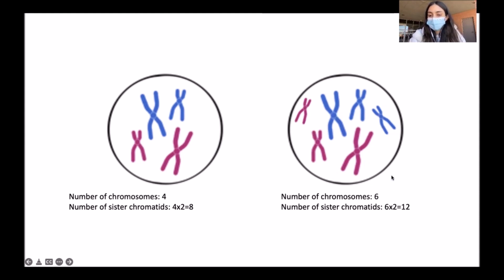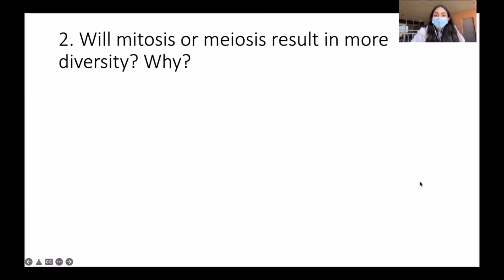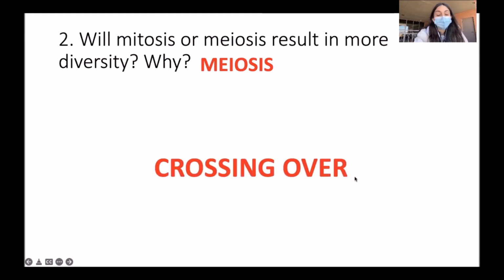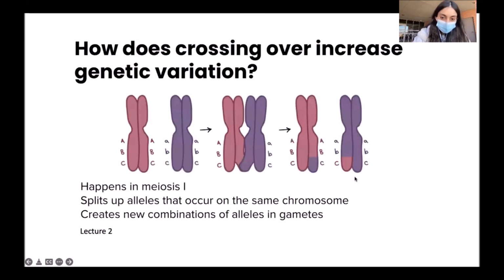For the second question, will mitosis or meiosis result in more diversity? And the answer is meiosis. And that's because of crossing over. Crossing over, this is from lecture 2.